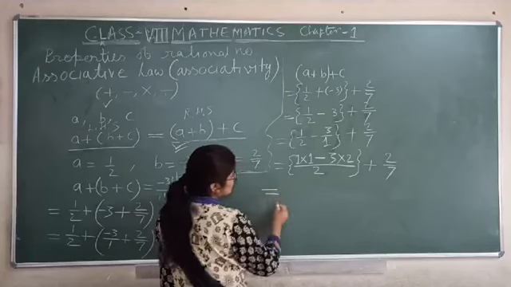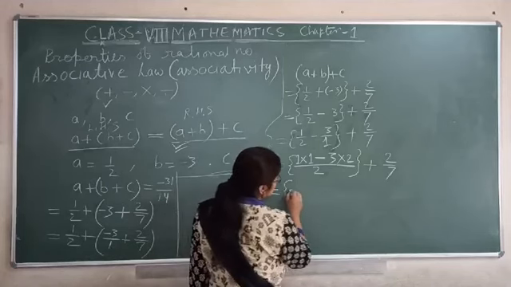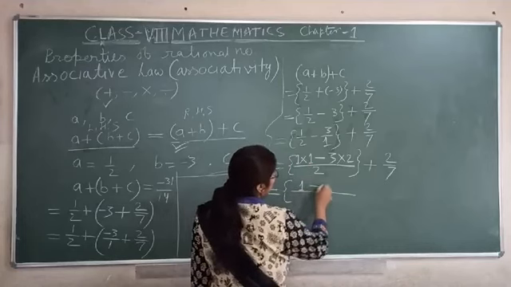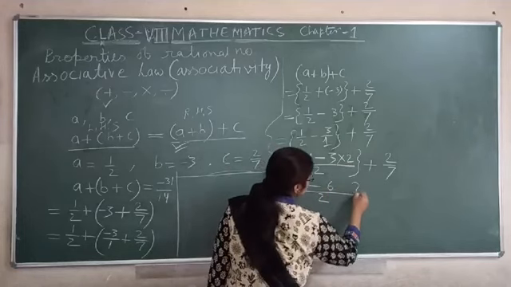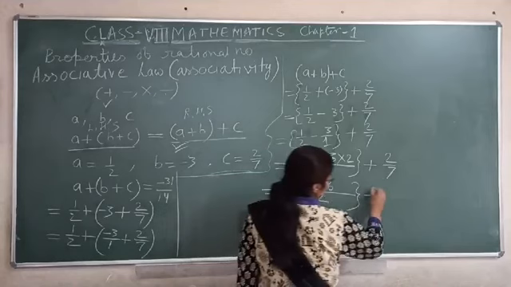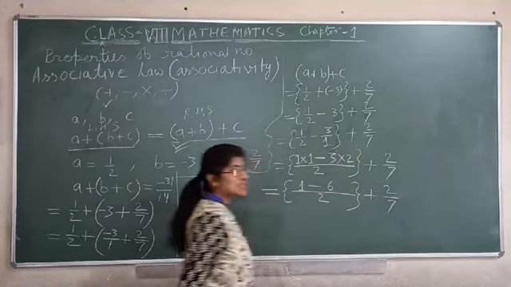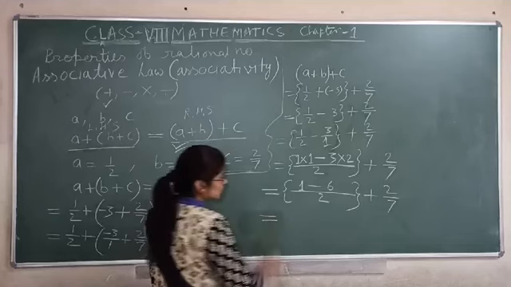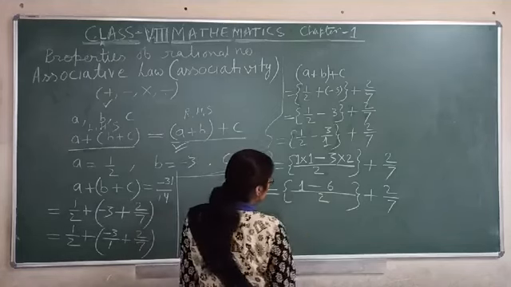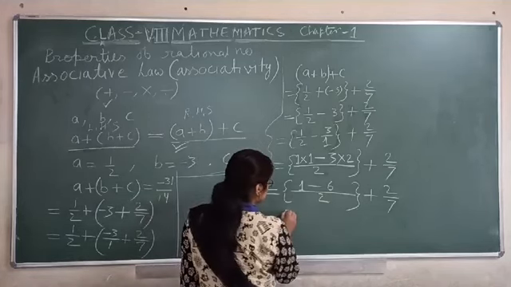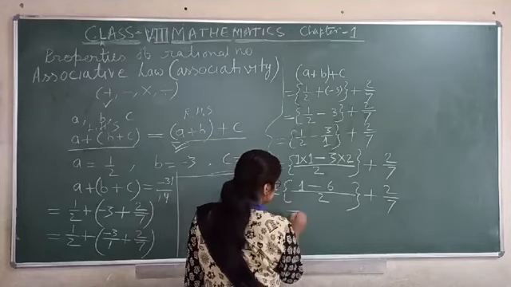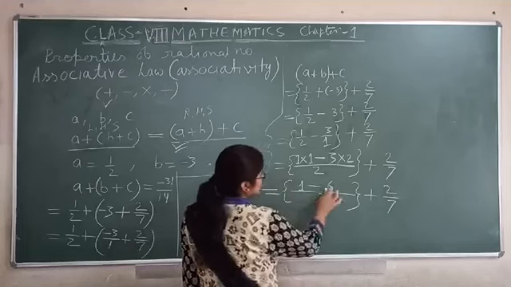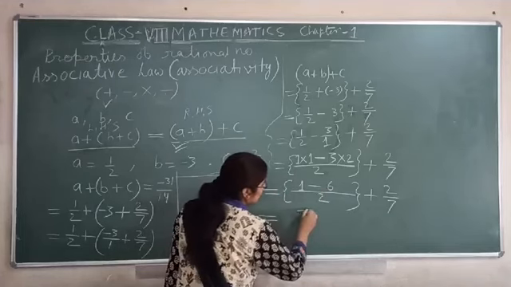After that, bracket 2 here, 1 into 1, 1 minus 3 into 2, 6, bracket close plus 2 upon 7. Correct? Then equal to, here how much? Minus 5. Look, 6 minus 1, how much? 5.